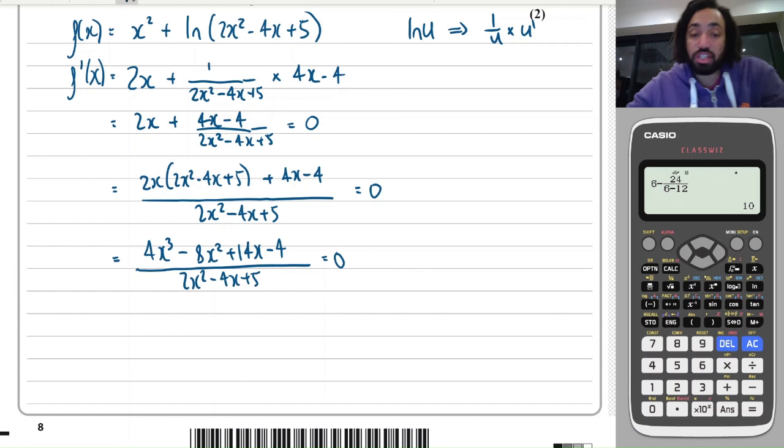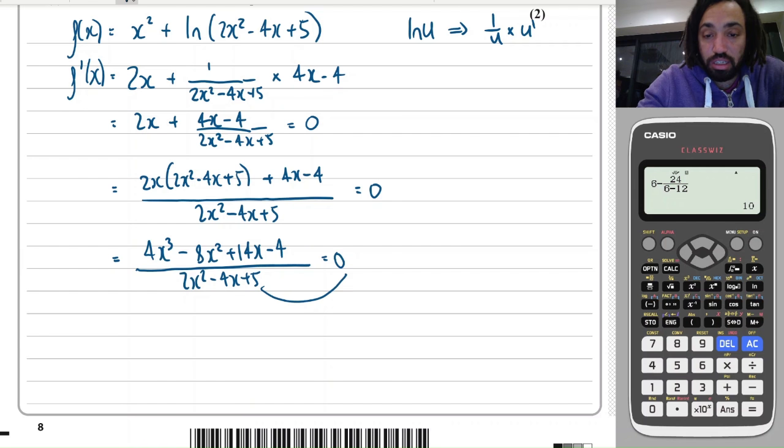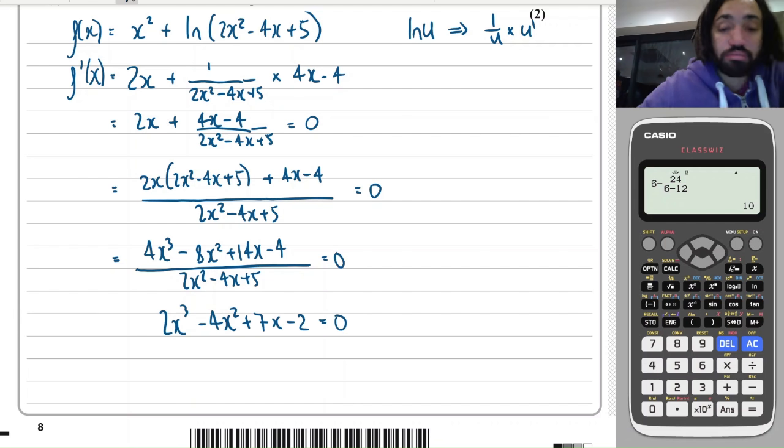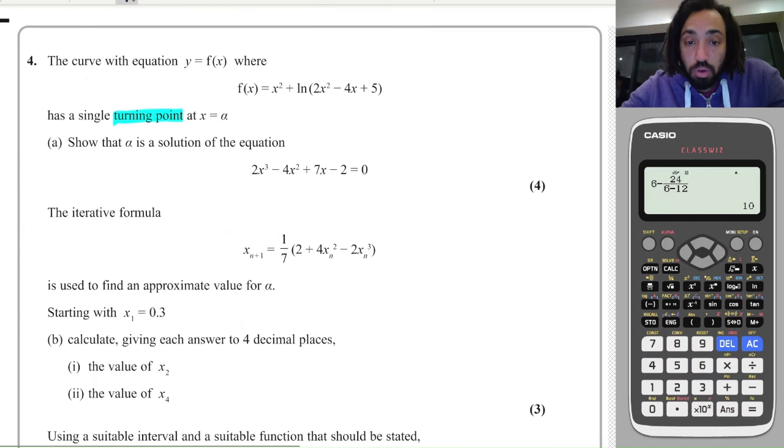Now whenever I want a fraction to equal 0, I only need to look at the numerator, because the denominator you can just multiply to that side times the 0, so it'll cancel. And I can also divide this by 2 on top as well, and I think that's going to give me what I need. That's equal to 0. I think that is what we're looking for.